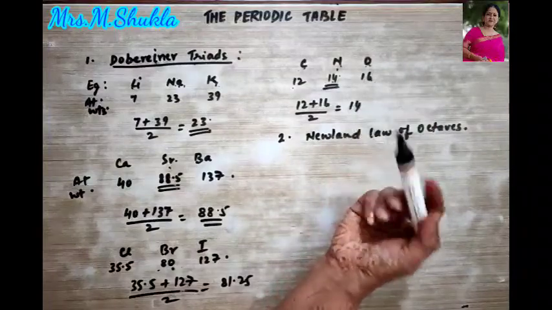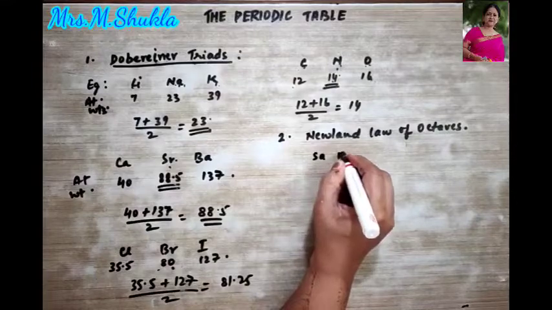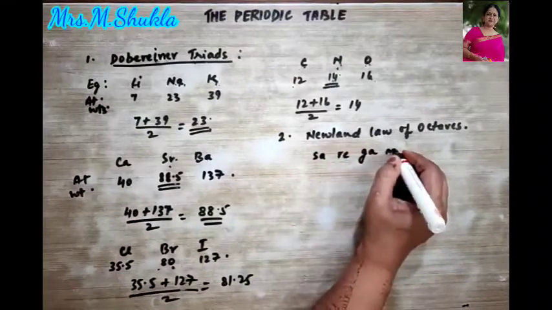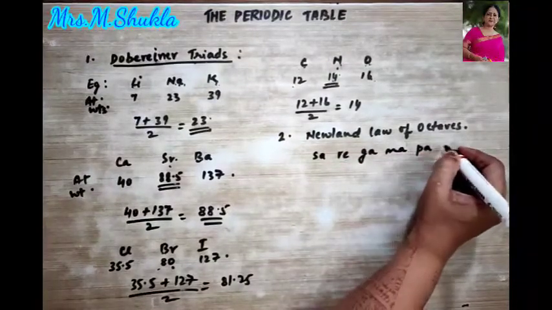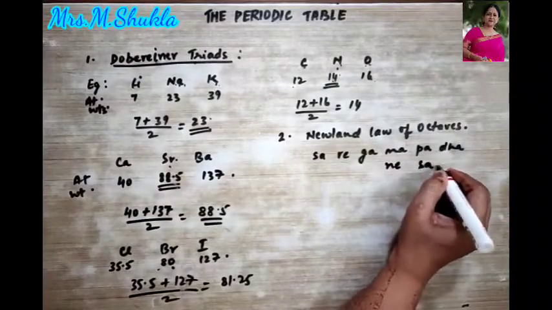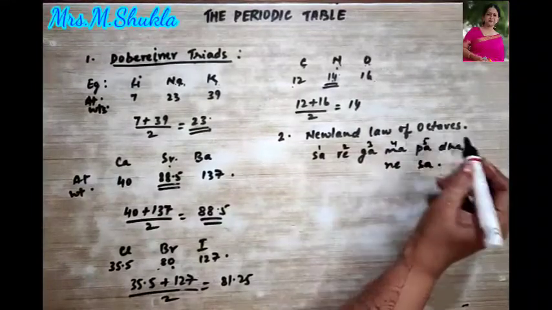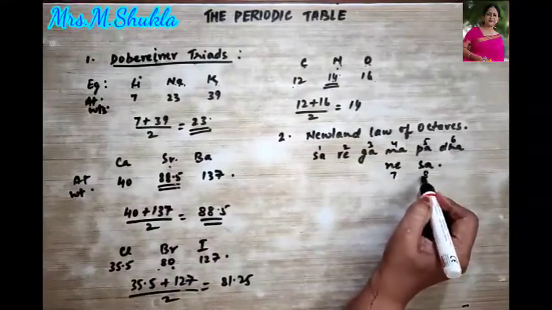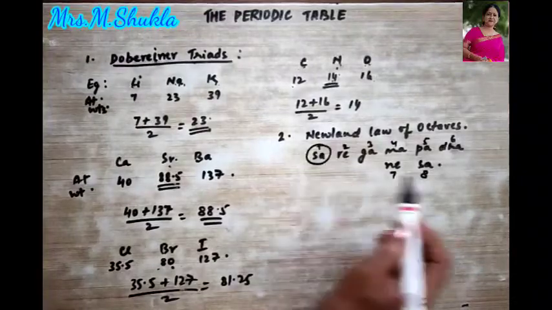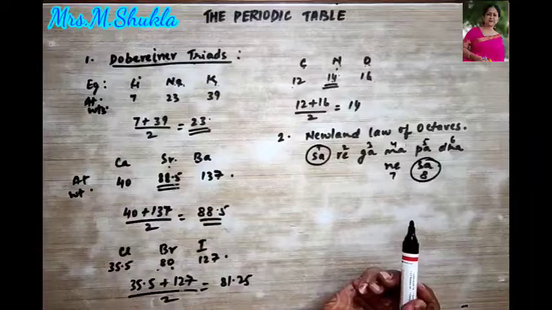For example, I'll write over here and make you understand. It is sa, re, ga, ma, pa, dha, ni, sa. So this is 1, 2, 3, 4, 5, 6, 7, 8. What did I say? The first and the eighth had similar properties, right?